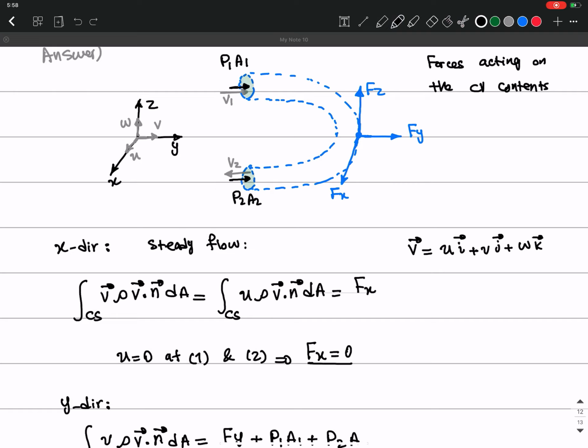If I again show the n vector, the normal vector, this is the normal vector to this. So these two have opposite signs, but these two, V2 and n, have the same sign. So at section 2 we have an outflow, and the sign of that should be positive, and at section 1 we have an inflow, which means the flow is going into the control volume, so we should have a negative sign.